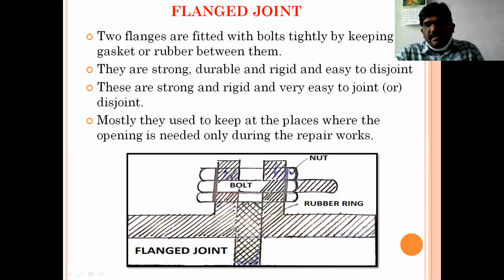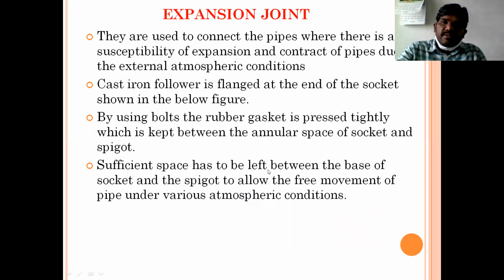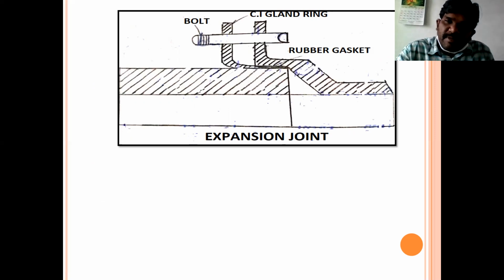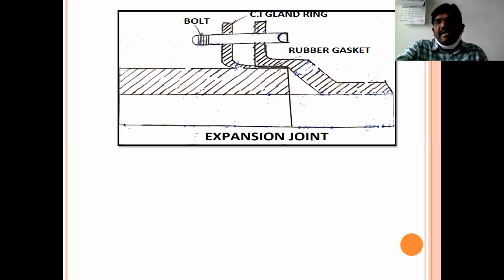Flanged joint: this is the bolt, and these are the nuts used to join the pipe more tightly. One rubber ring is kept between the flanges to make the bolting tighter. In the same way, in the expansion joint, sufficient space must be allowed for easy contraction and expansion in the joints.